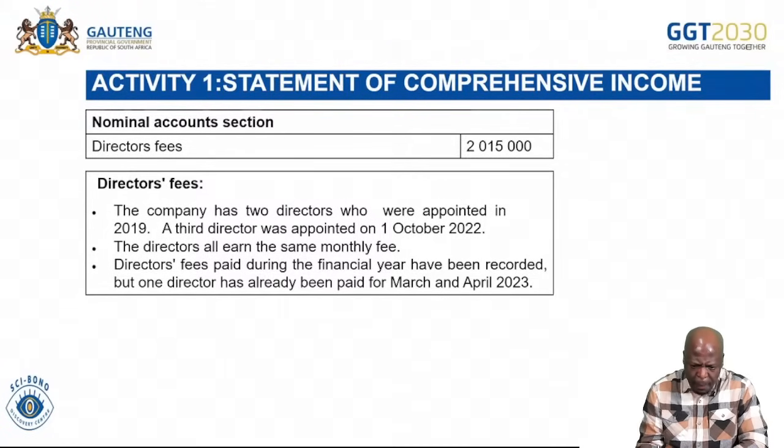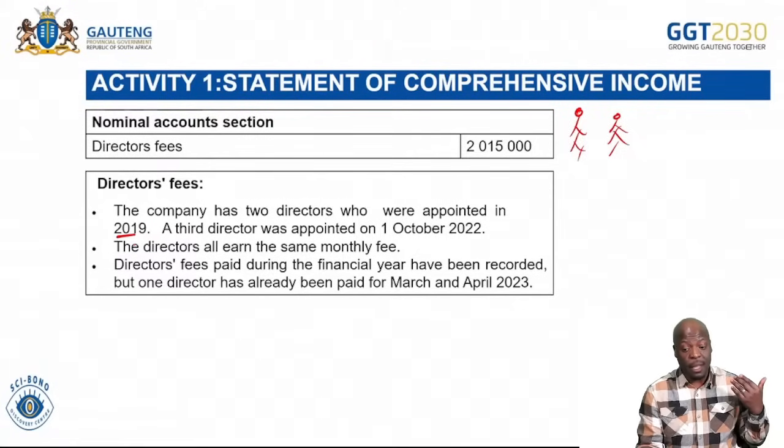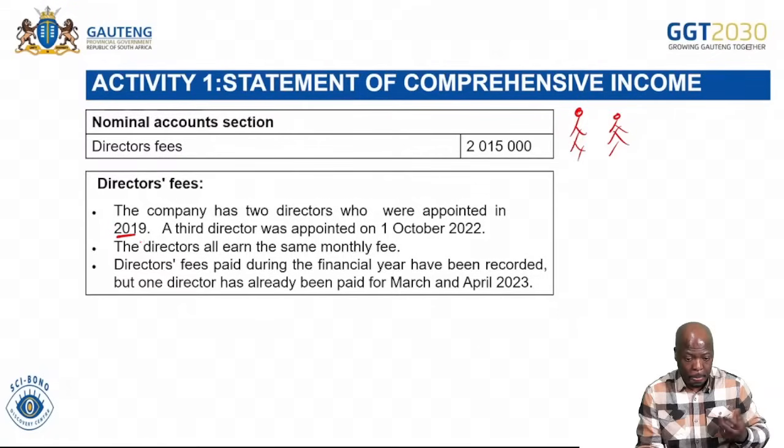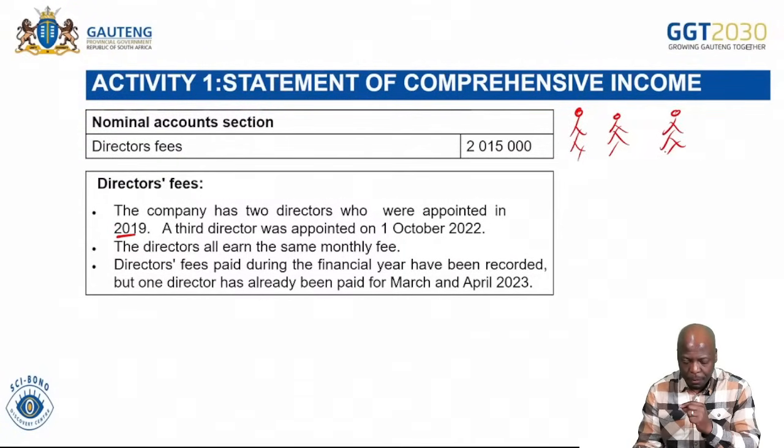It says the company has 2 directors. So here's director number 1 and here's director number 2. So 2 directors that we have here appointed in 2019. That means when we began this financial year, they were already there. That's why they're trying to say it. A 3rd director was appointed on the 1st of October. So we have another 3rd guy here coming.